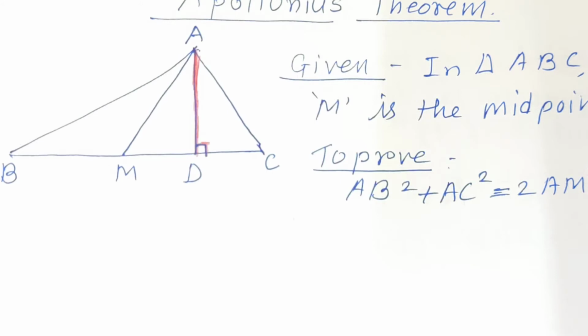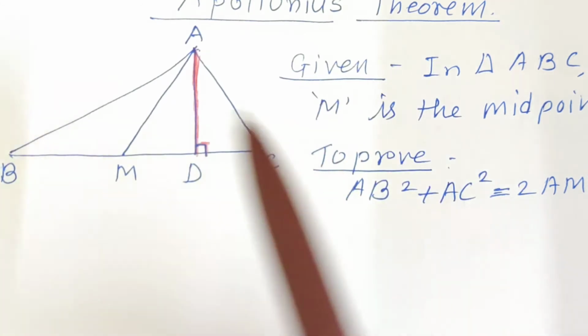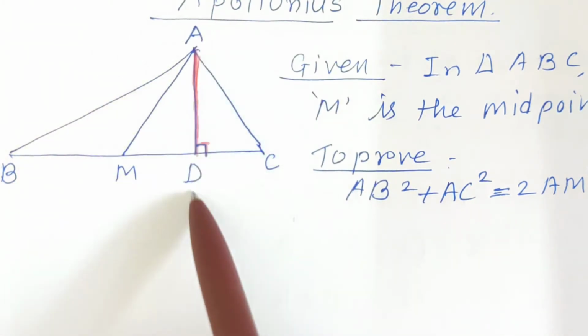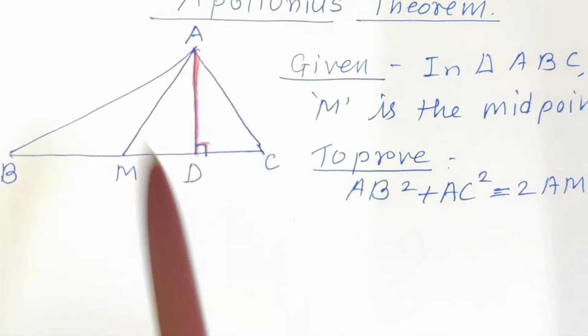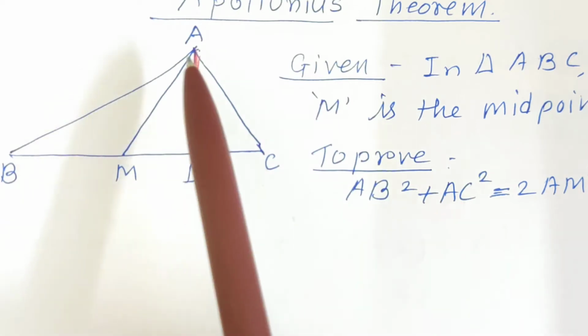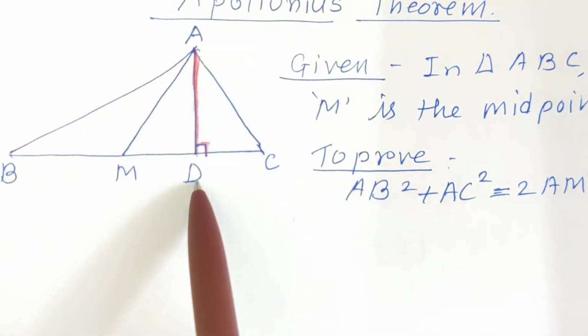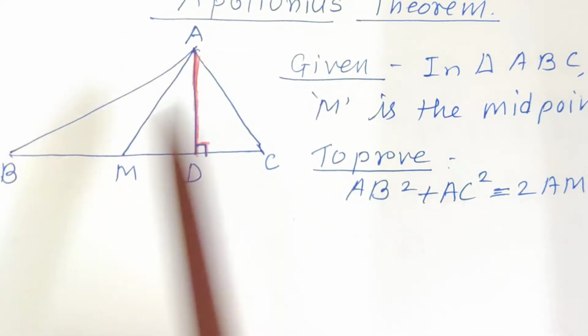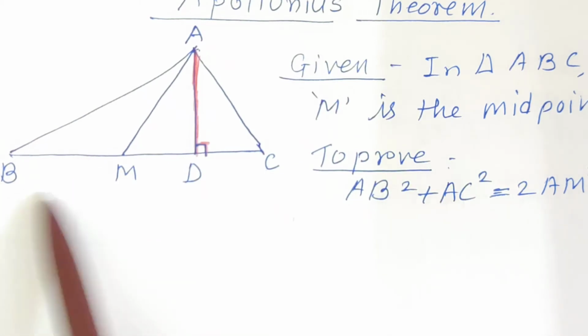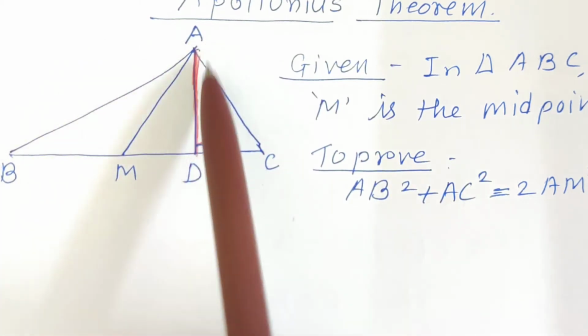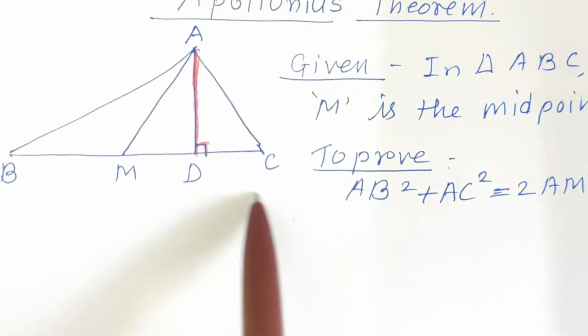Before we start the proof, we have to construct the perpendicular AD. Already I showed you here, but this we have to construct. So perpendicular AD is the perpendicular to the side BC, or we have to draw the perpendicular AD to the side BC.